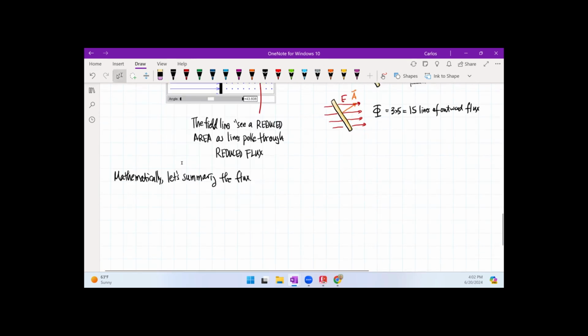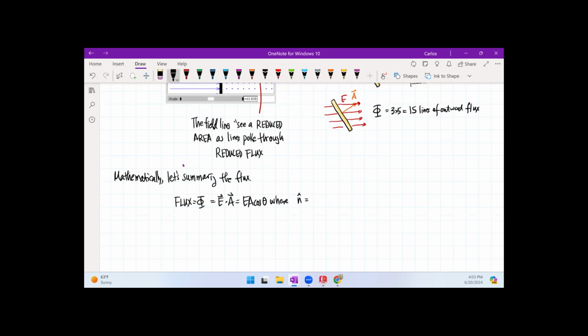We defined the flux as E dot A, which is EA cosine of theta, where n hat tells me the direction.